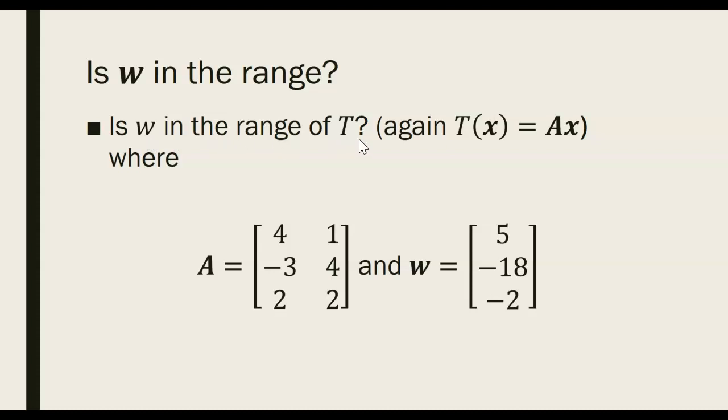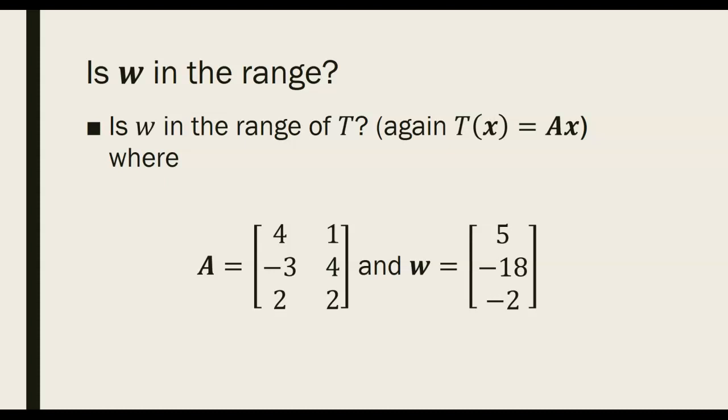That means, does the matrix equation Ax equals w have a solution? Remember, the range of T was the set of all output vectors. So is w one of the output vectors for our transformation?